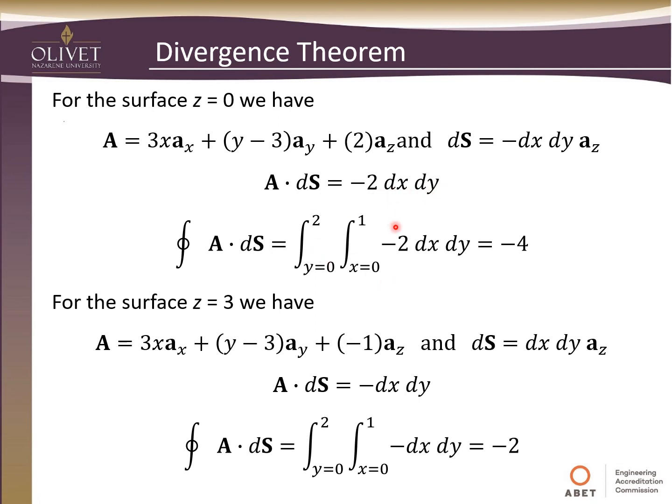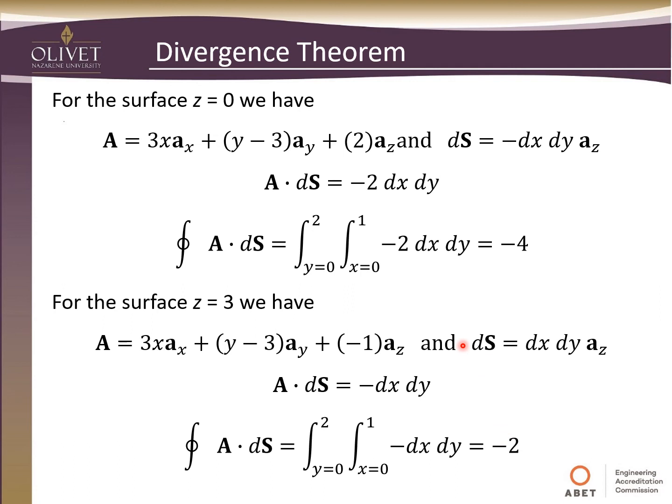We integrate that over the limits for x and y. We get negative 4. And finally, at z equals 3, we plug that into the original equation, and we get this. Since the AZs are non-zero, we dot those, and that's what we come up with, negative dx dy, again over the limits for y and x, and we get negative 2.